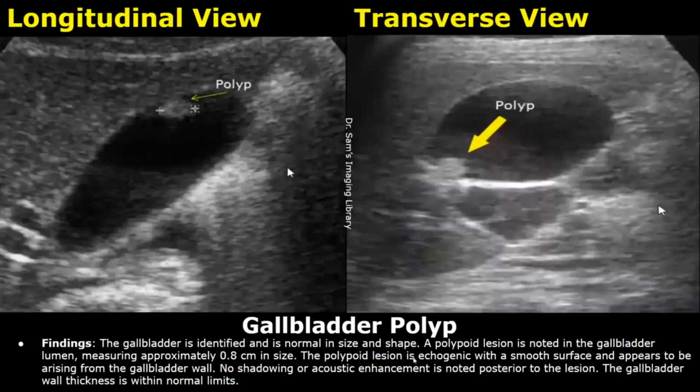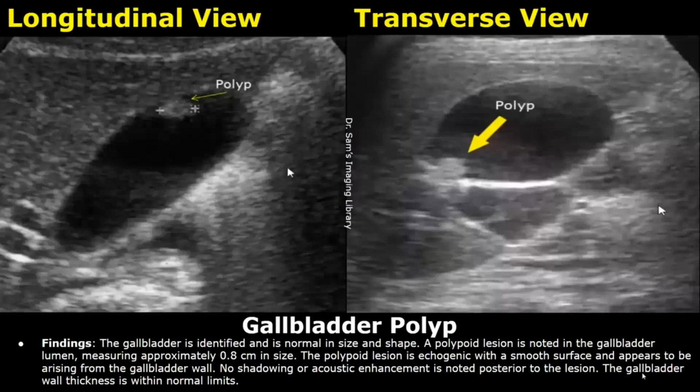Usually the polypoid mass is echogenic, so you can write this. And these masses have a smooth surface and appear to be arising from the gallbladder wall. No shadowing or enhancement is noted posterior to the lesion because it is a solid lesion without calcifications.